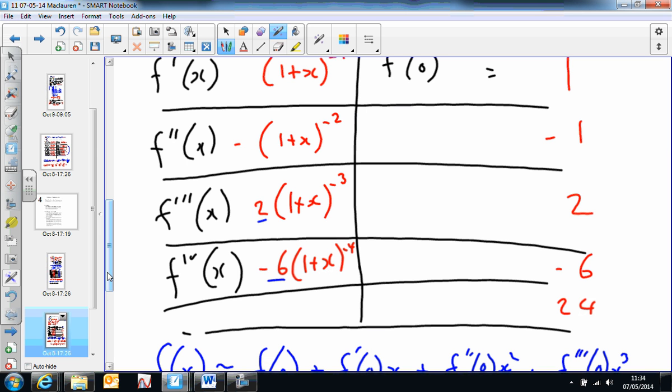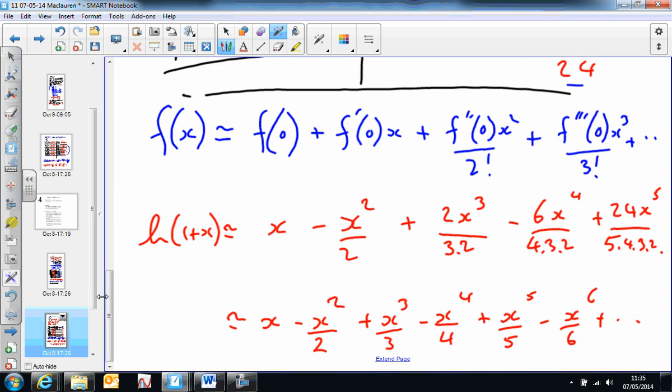Because when x is 0, all we're left with in here is a 1, so it actually doesn't matter that it's to the power minus 4, it's just 1. So these numbers in front give you these constants.